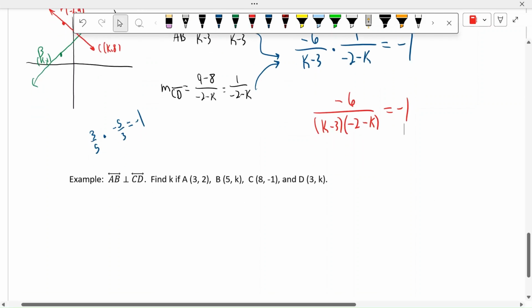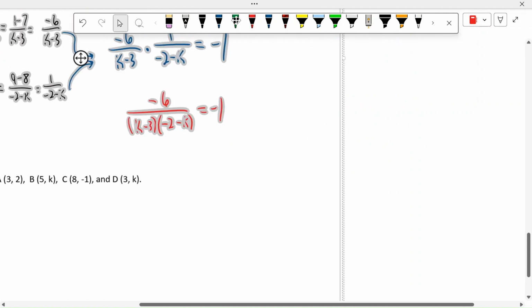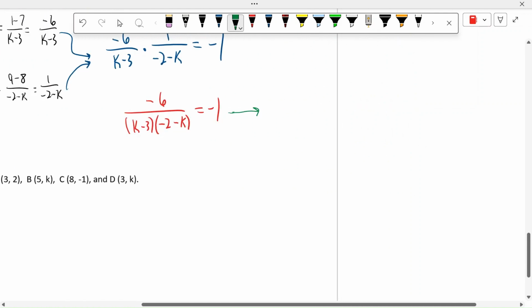So I'm going to actually have to multiply some things out here, specifically that denominator. K times negative 2, so I'll get negative 6 up there. K times negative k. Negative 3 times negative 2, and negative 3 times negative k. And again, this is all still equal to negative 1.